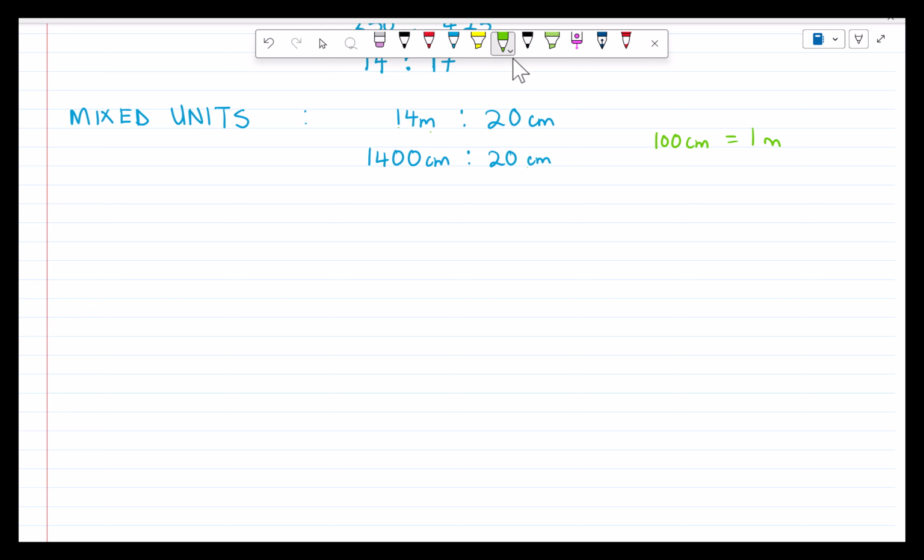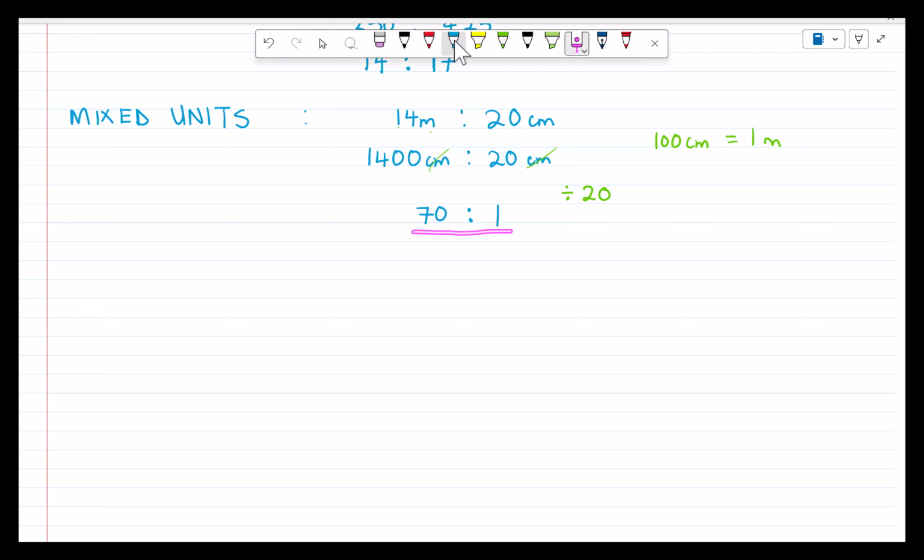So we can get rid of the units right now. Now we are going to look for the highest common factor of 1,400 and 20, and in this case the highest common factor is 20. Hence we're going to divide both by 20. 1,400 divided by 20 gives us 70, and 20 divided by 20 gives us 1, and this is our final answer.